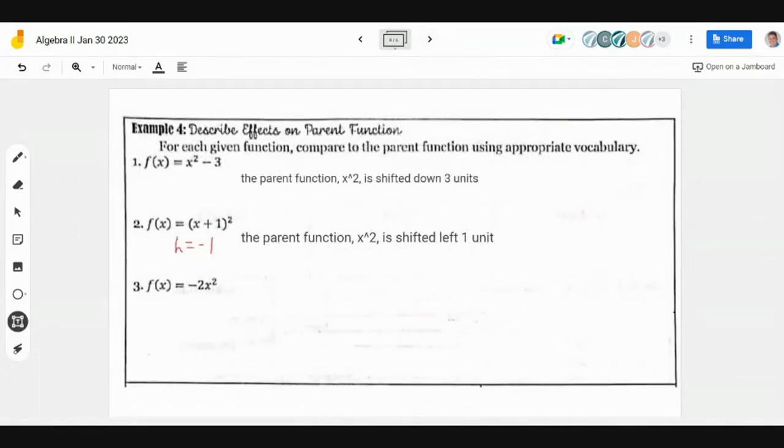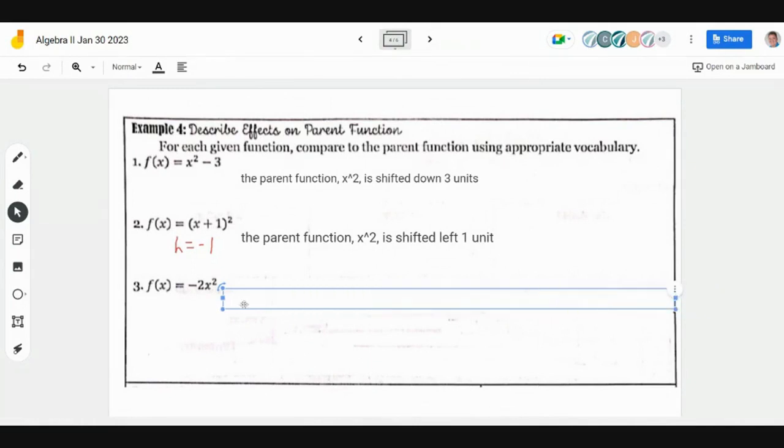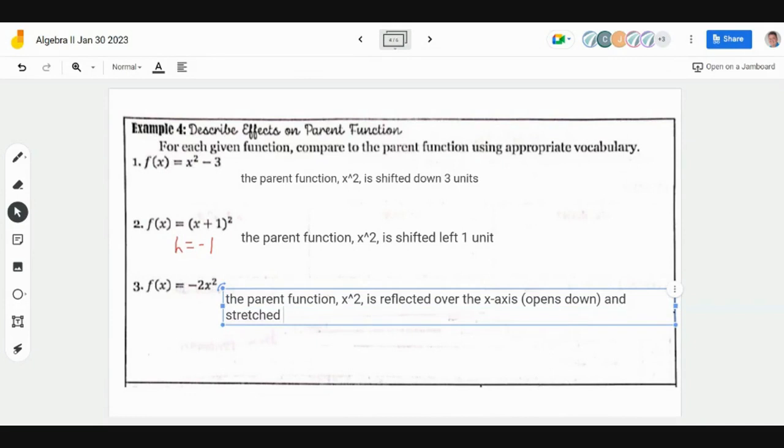So the parent function, which is x squared, is reflected over the x-axis, which means it opens down, right? And stretched times 2.